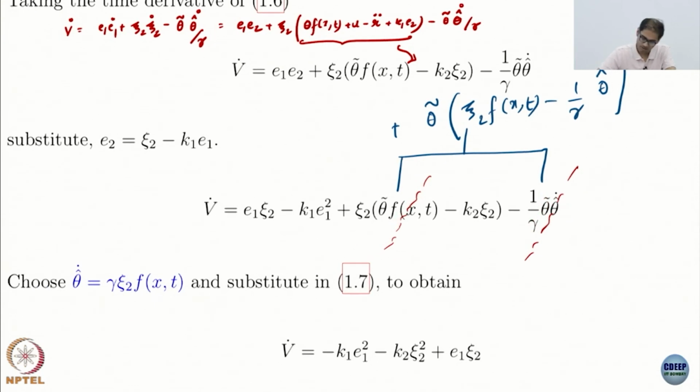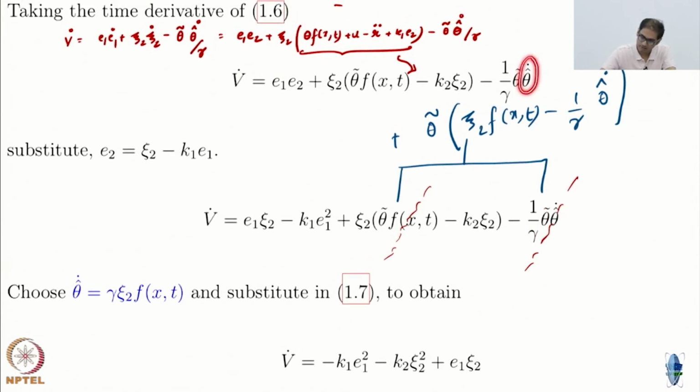and I use this theta hat dot to cancel this. I can, if I choose theta hat dot as gamma times psi 2 f, that is our estimate. So, I have just written it here. All I have done is I have taken these two terms and taken theta tilde common, and this gives me something in theta hat dot.